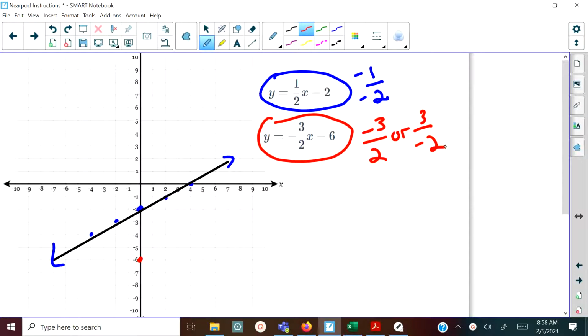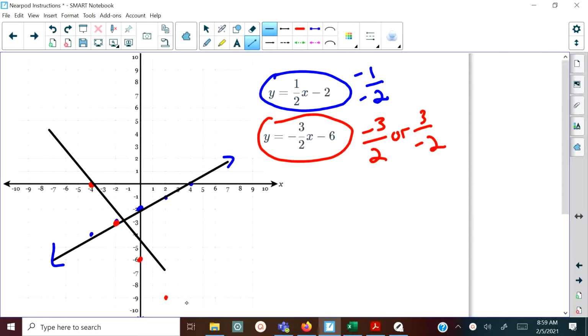If we go down 3, 1, 2, 3, and go to the right 2, we're right here. If we go up 3, 1, 2, 3, and back 2, we're right there. Okay, and now we got that line.